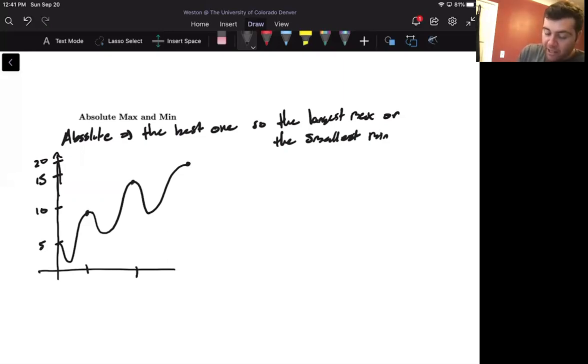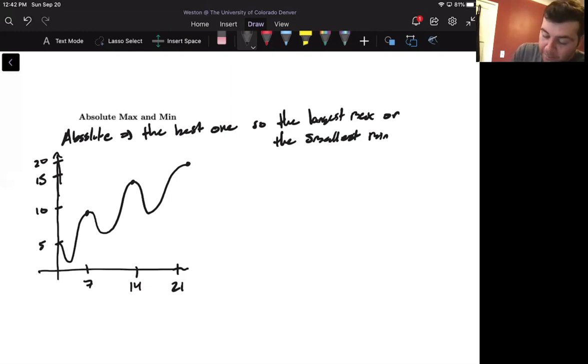So hopefully you found that the local maxes occur at those two peaks, so at 10 and 15. And maybe we can say that that's x equals 7 and x equals 14. Also over here at, let's call that 21, just for symmetry. And that's not a local max, that's just an endpoint.